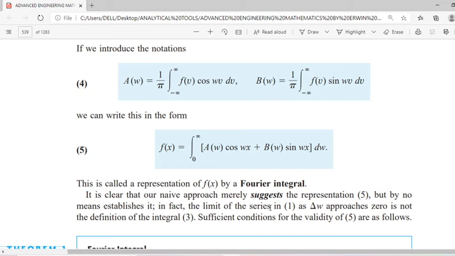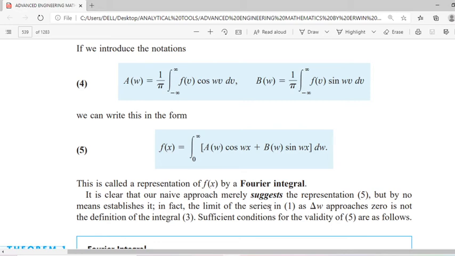So f(x) can be represented as an integration. That is the beauty of this Fourier integral. In the Fourier series, f(x) is represented as a series expression of some trigonometric functions. In the Fourier integral, the function itself is represented as an integral.